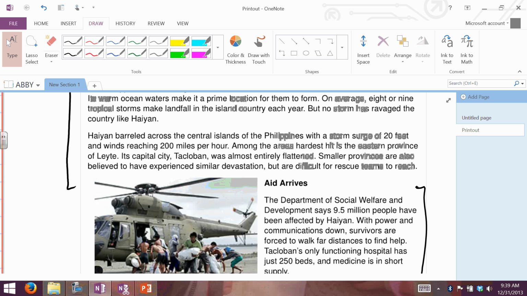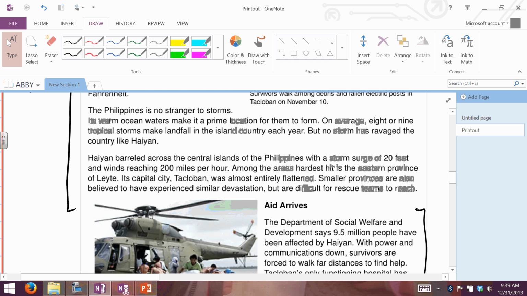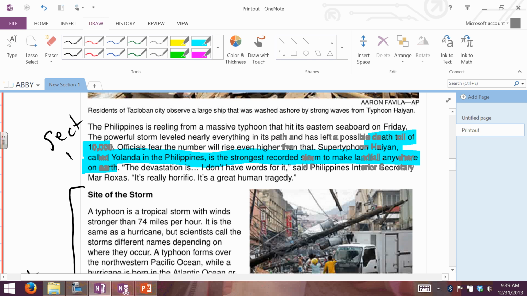Among the areas hardest hit is the eastern province of Leyte. Its capital city, Tacloban, was almost entirely flattened. Smaller provinces are also believed to have experienced similar devastation, but are difficult for rescue teams to reach.